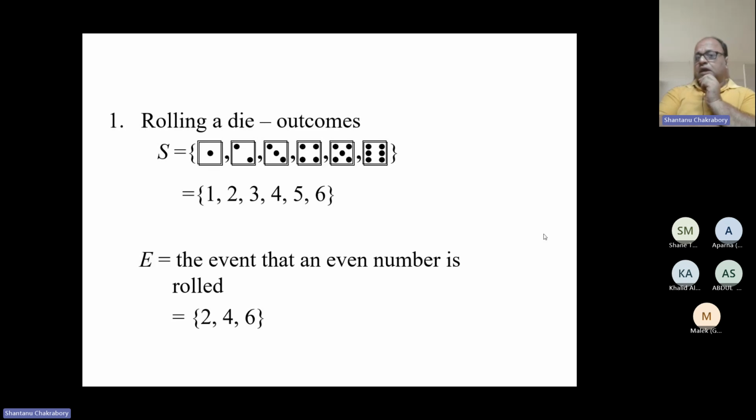So the event that an even number is rolled is 2, 4, 6, or an odd number is rolled, 1, 3, 5. This is a subset of your sample space. So event space is always a subset of your sample space.